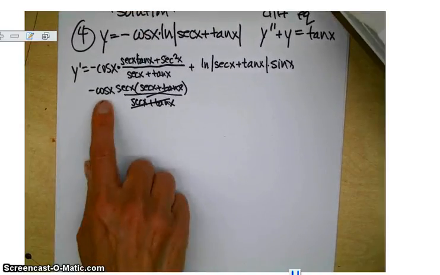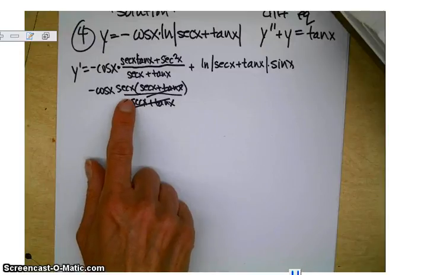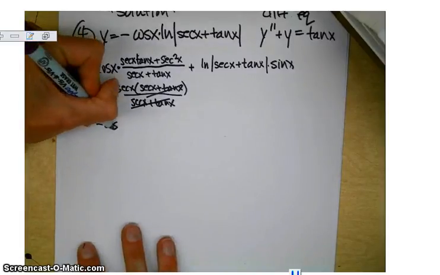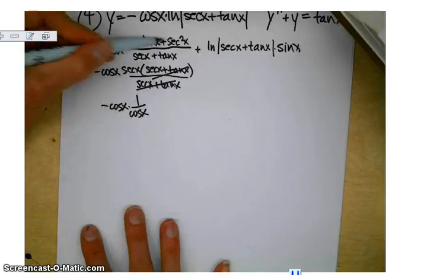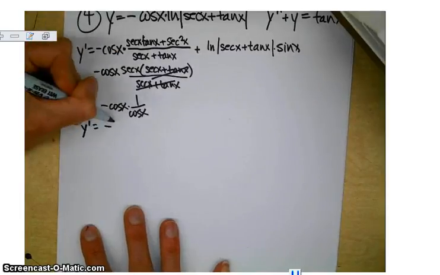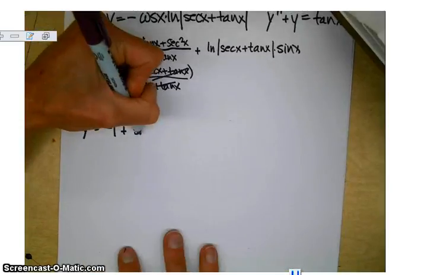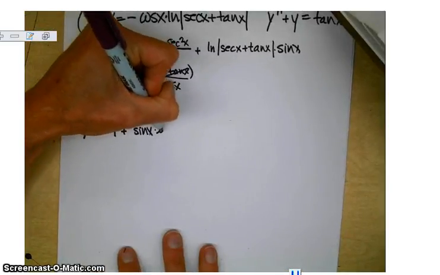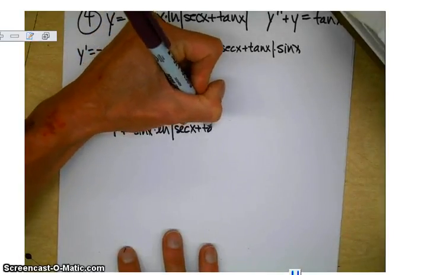So that makes this cosine times secant, but what's the reciprocal of secant? 1 over cosine. So this is actually negative cosine of x times 1 over cosine of x, which will make that whole first messy thing change into what? Negative 1 plus, and I'm going to write the sine of x in front, sine of x times the natural log of the absolute value of secant x plus tangent x.